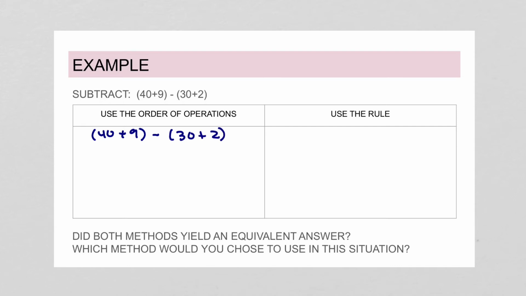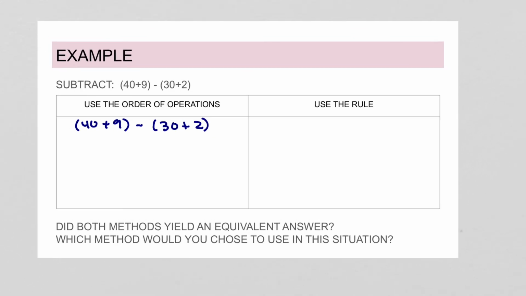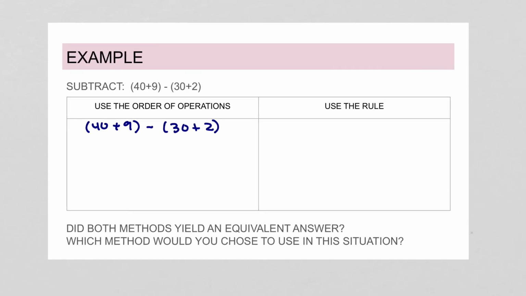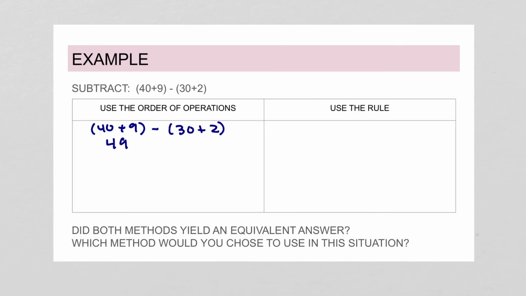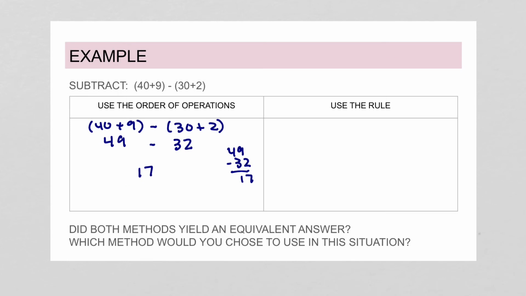The order of operations says I do my grouping symbols first, right? So 40 plus 9 is 49. And then what is 30 plus 2? Well, that's 32. So what's 49 minus 32? That's just 17.